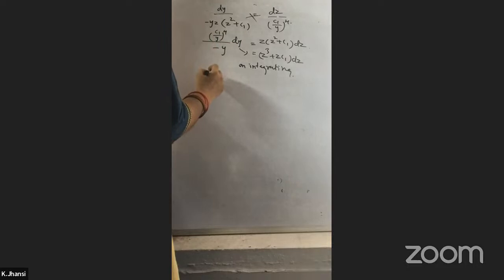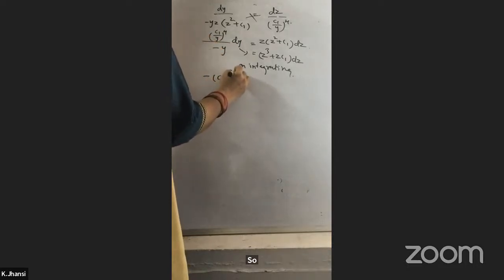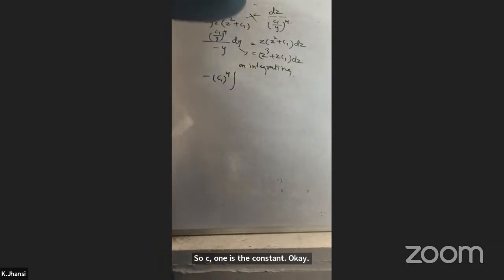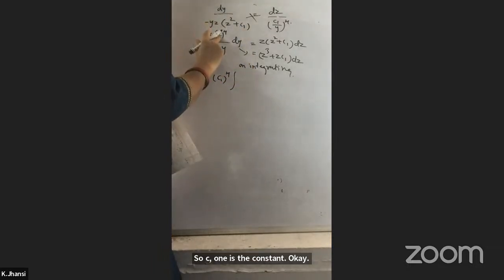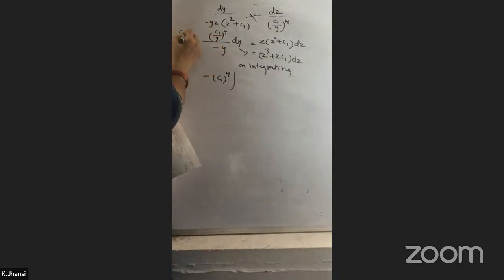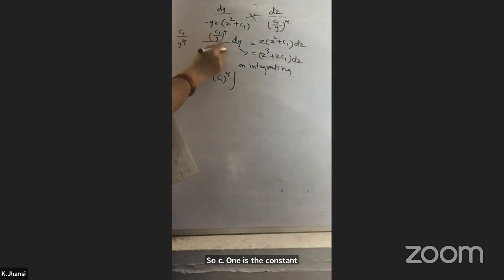No? You take that outside, that is minus term also, minus C1 to the power of 4 integration of, here y to the power of 4 is this. Okay. So C1 by y to the power of 4. And here only 1 y is there, that means into 1 by y.